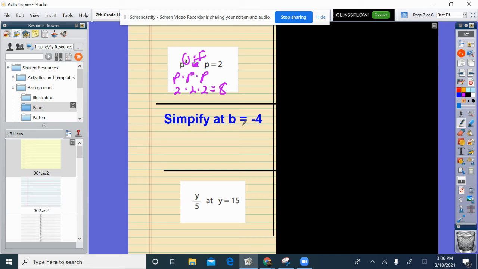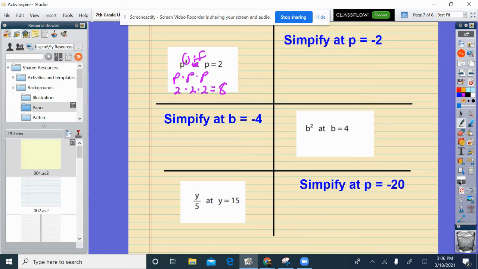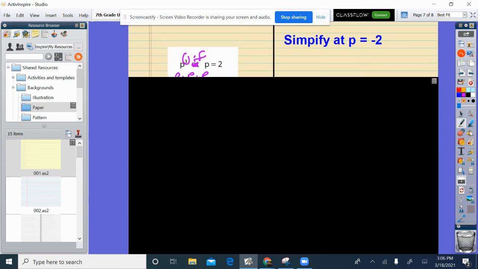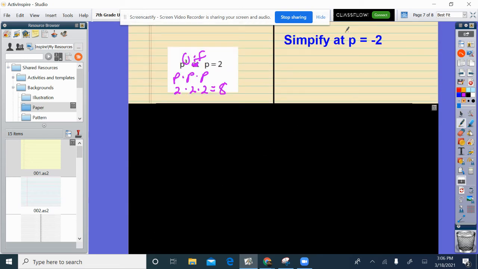And now here we have simplify, b equals negative 4. Oh, excuse me, I forgot that. I messed that up. Let's go this way with it. Yeah, like that. There we go. Now, simplify if p is negative 2. Okay, again, p cubed equals, what does that equal?